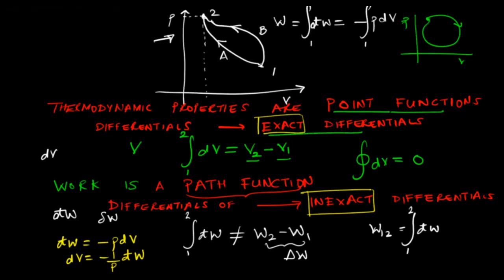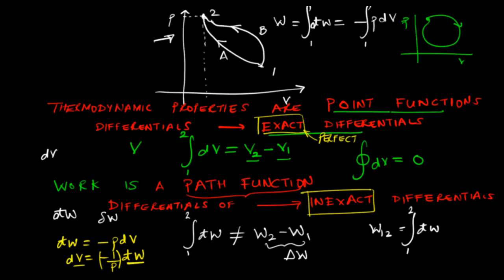Exact differentials, sometimes you will also see the terminology, are also called perfect differentials. So what we see is that this factor 1 over P, and there's a negative sign, converts this inexact differential into an exact differential.